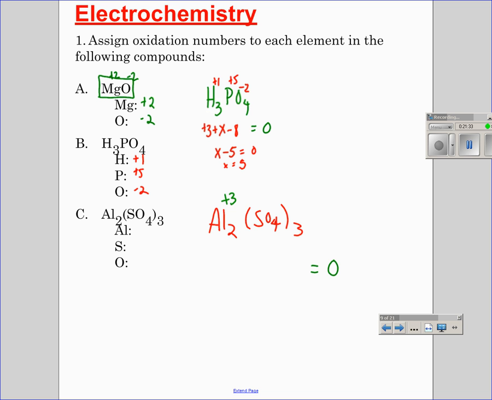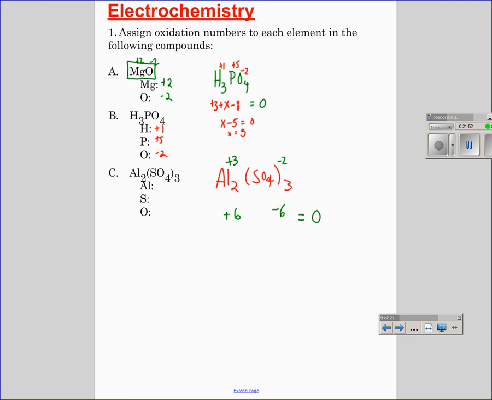And so +3 times 2 is +6. And I'm going to treat sulfate as a whole for now. Sulfate on table E says it has a -2 charge. So -2 times 3 is -6. So altogether, I've already set the charges equal to 0.